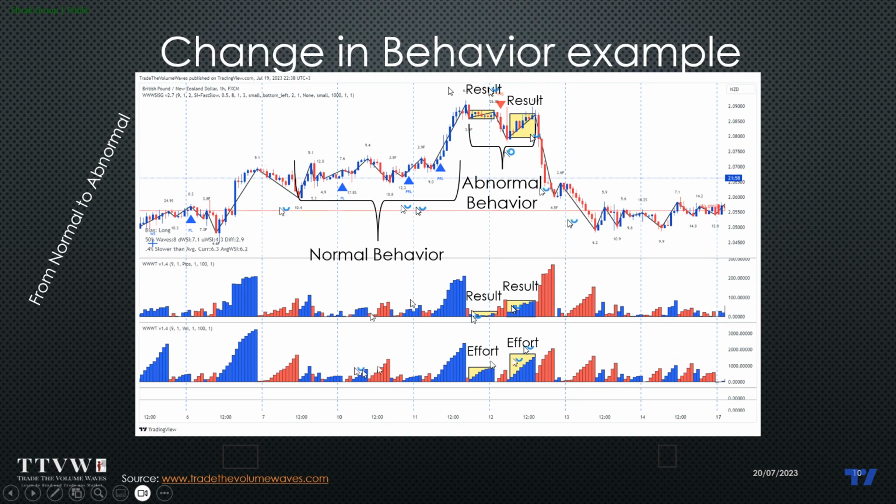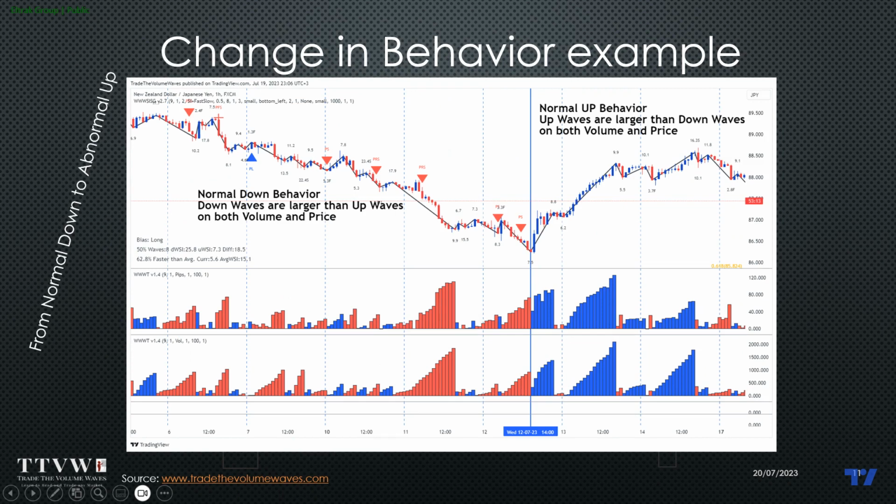Now let's look at the second scenario, where we're going from a normal down behavior. Why is it a normal down behavior? Well, it is because the down waves are larger in both volume and price movement.